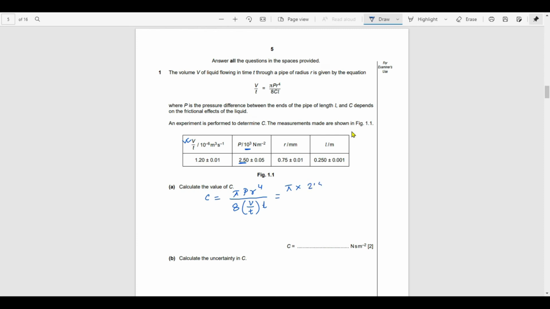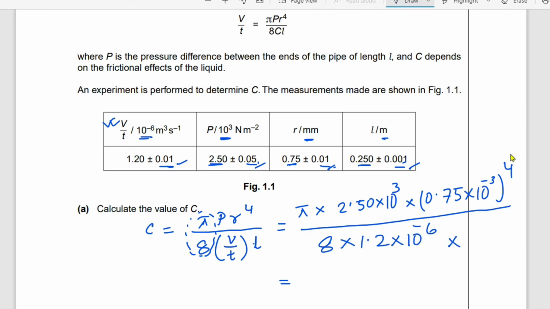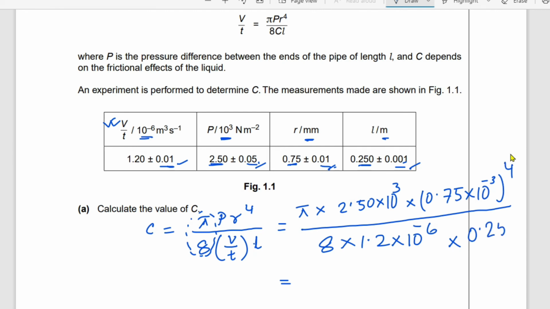You see V by T itself is given as a value in this table. So don't separate V and T. Just keep them together and write down the data of V by T as given in the table. So here we just substituted all the values. We do care for the power of 10 stated right here in the table.